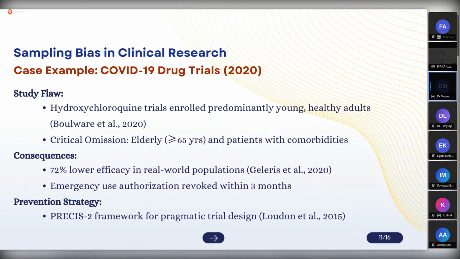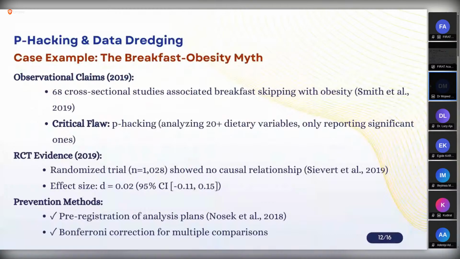Let's go to the next slide, please. Next slide. P-hacking and data dredging. Let's look at an example. Like Dr. Lucy said correctly, P-hacking means that you are manipulating data or manipulating your analysis so that you achieve statistically significant results. That's what P-hacking means.